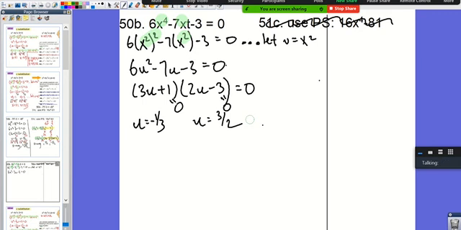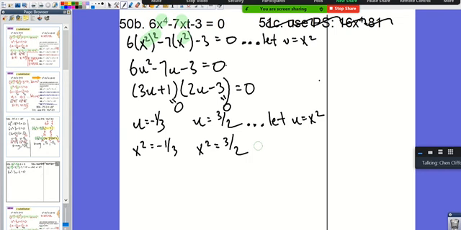Okay. Now we're going to substitute back. We're going to substitute back in x squared. Okay. So now I get x squared equals negative 1/3. x squared equals 3/2. Okay.